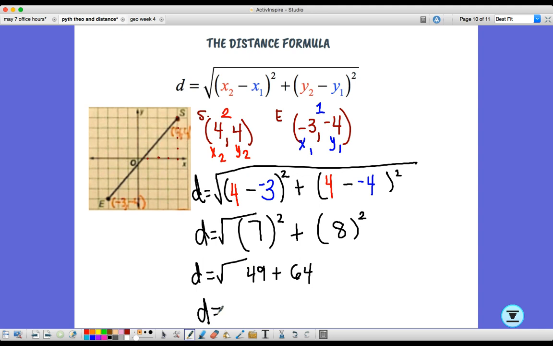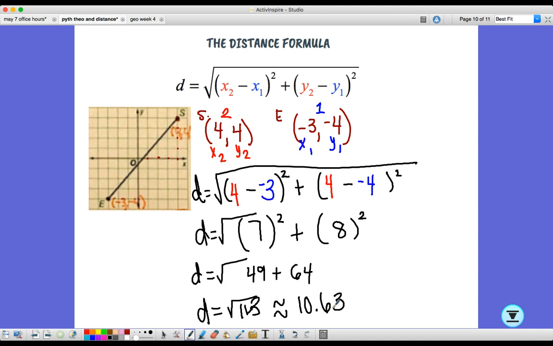And I get distance equals the square root of 113. I would determine that by typing it into my calculator to get a decimal value. So the distance of this line, ES, is the square root of 113, which is about 10.63.